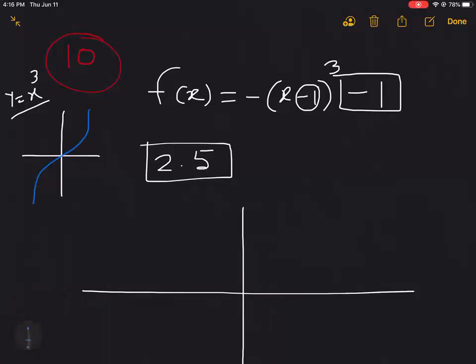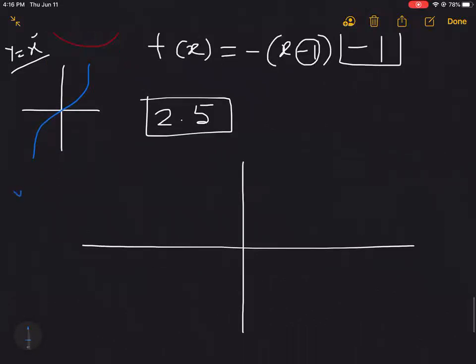Now, if you multiply a function by a minus, it gives you the mirror image. So the graph of y equals negative x cubed will be exactly opposite to that. It will look like this. Whenever you multiply a function by a negative, it changes like a mirror image. So that's what negative x cubed looks like.